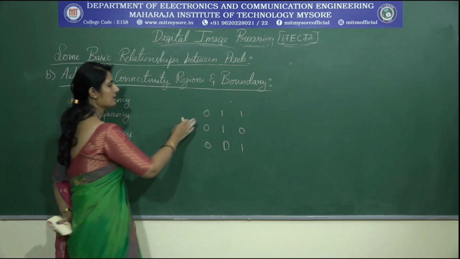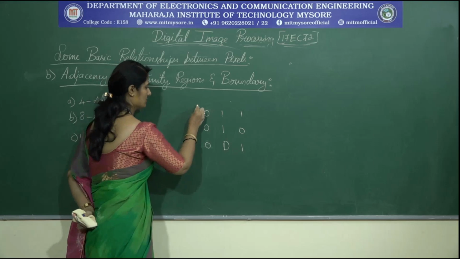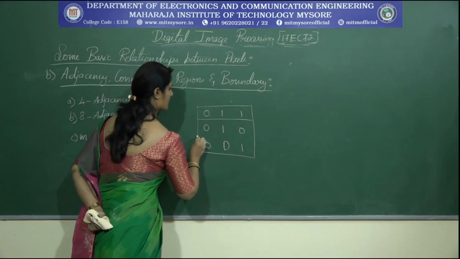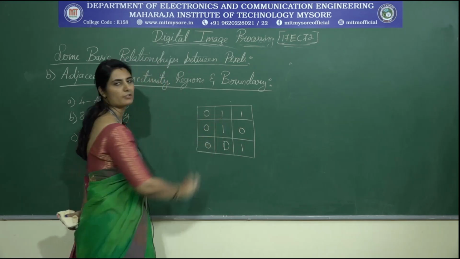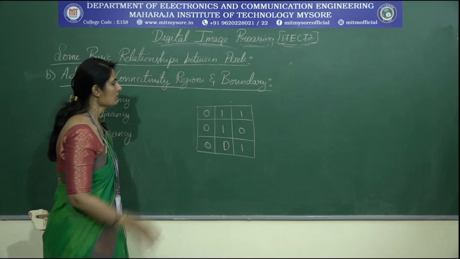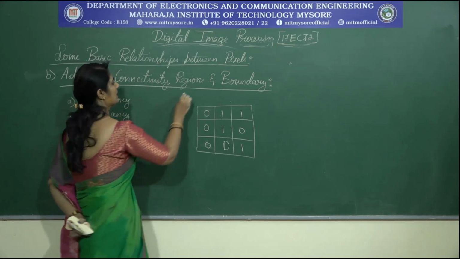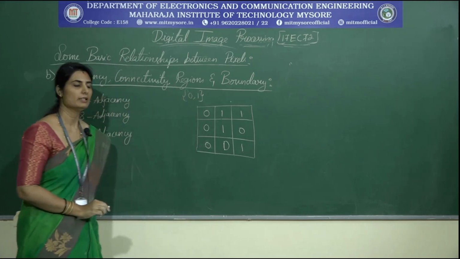Now, this is a binary image, each of which we call a pixel. So, this binary image is having only two intensity values, that is 0 and 1, okay.